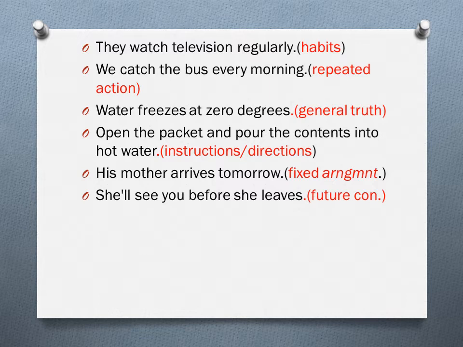Some of us might have thought that simple present tense contains only the now category. It's not only the now category, but all the areas that I discussed now: habitual action, repeated action, general truths or scientific truths, instructions or directions, fixed arrangement, that means already planned programs, or future constructs.